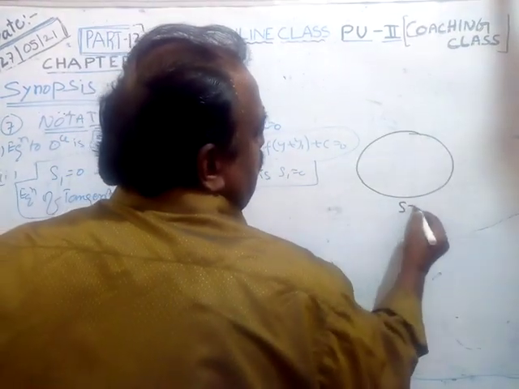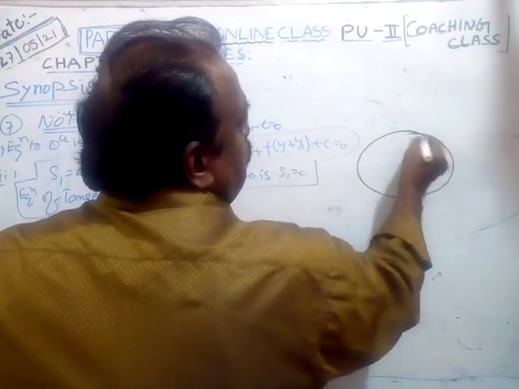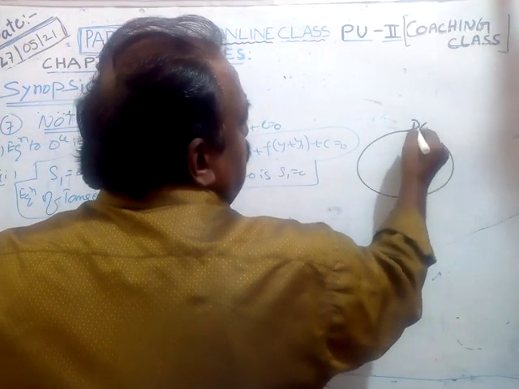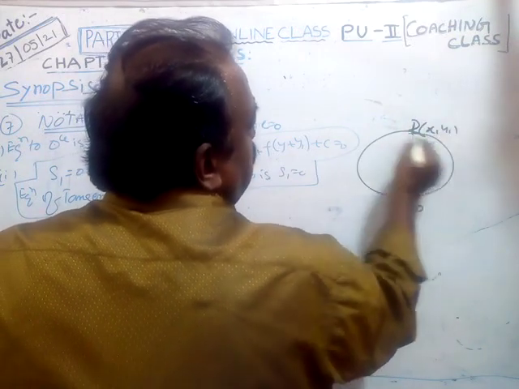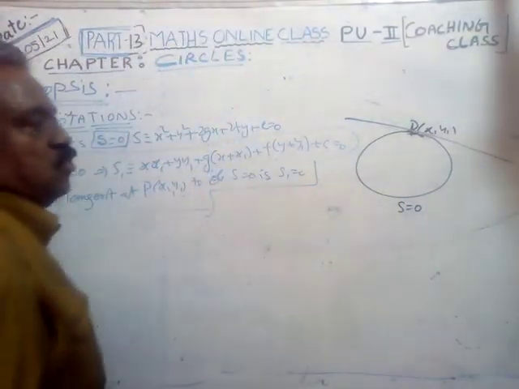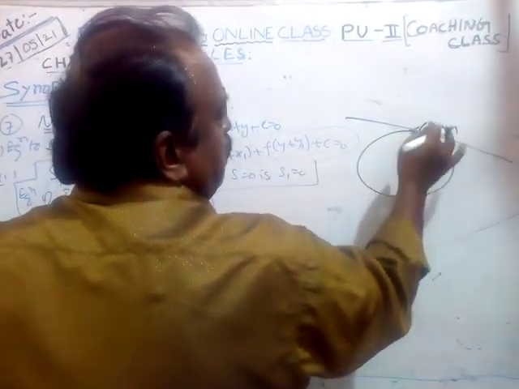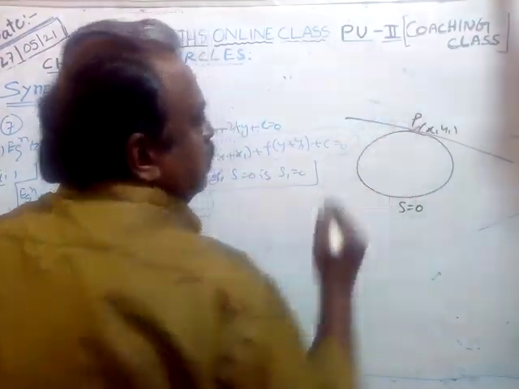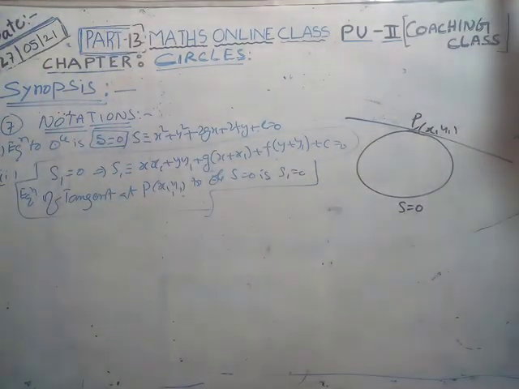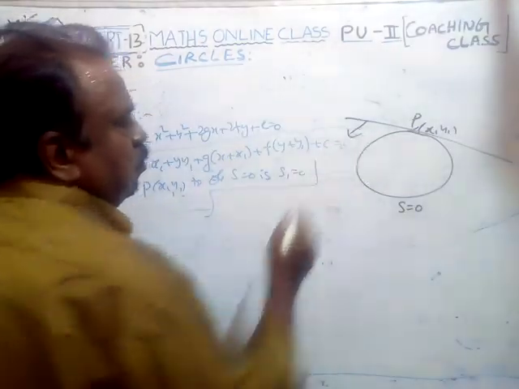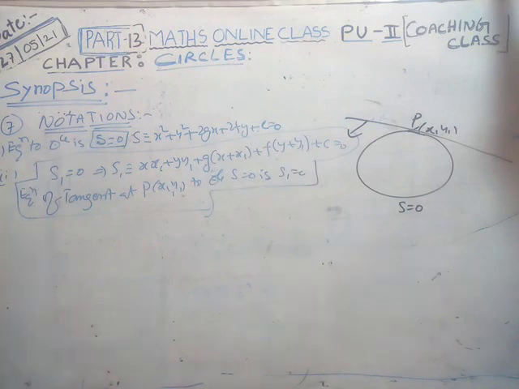This is the circle S is equal to 0. Suppose there is a point P, x1 comma y1. At this point the tangent is, its equation is S1 is equal to 0. That is the second notation.